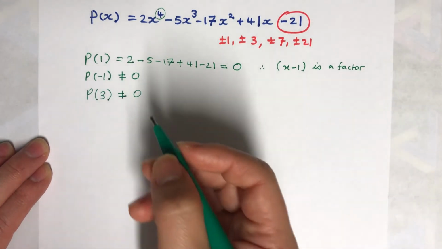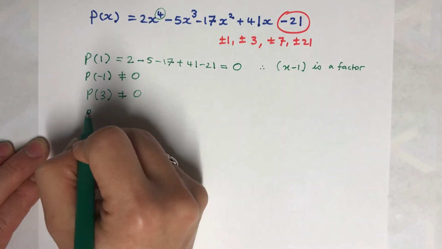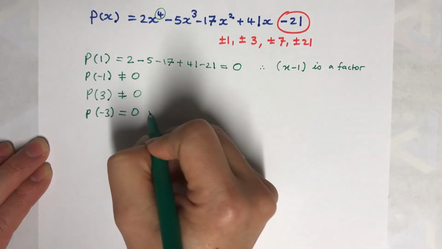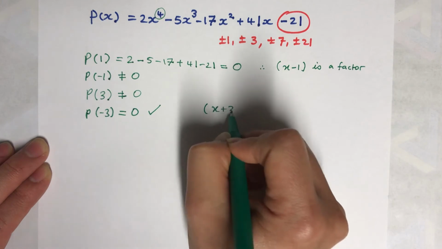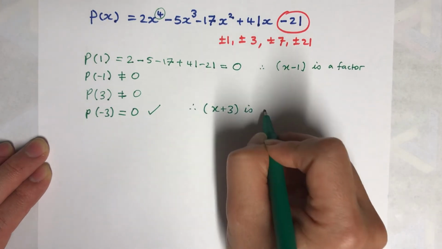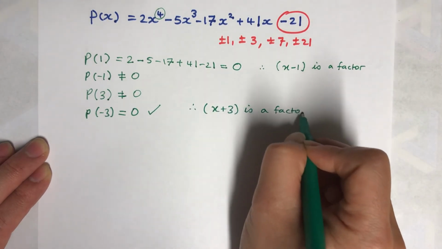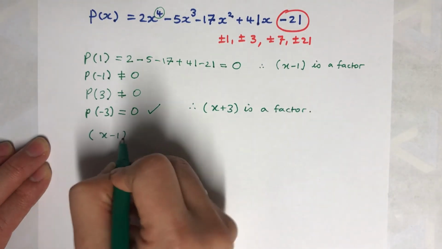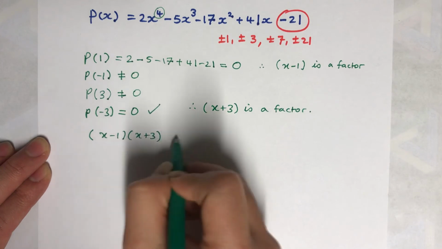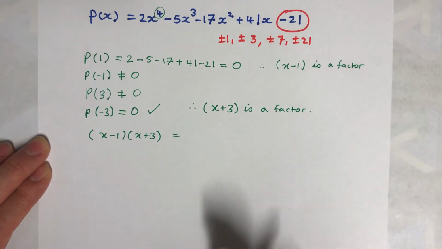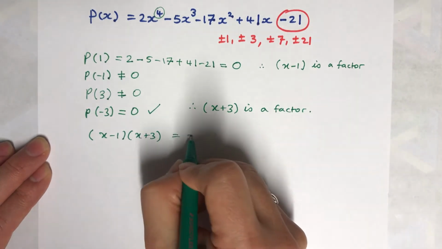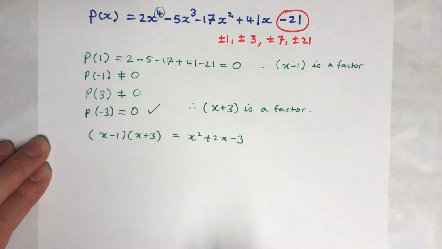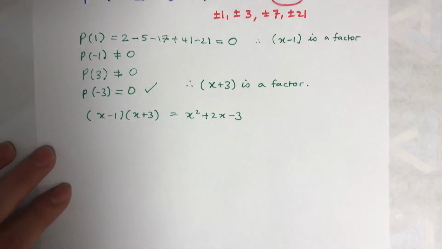Well, you try it after this video, and when you do minus 3, yes, it does. So therefore, x plus 3 is a factor. So I've got two factors that are going to give me 0, which are x minus 1 and x plus 3. Now I'm going to expand this one to use the long division. That will be x squared plus 2x minus 3. Okay, now I'm ready.